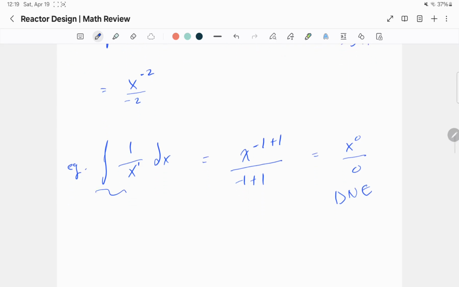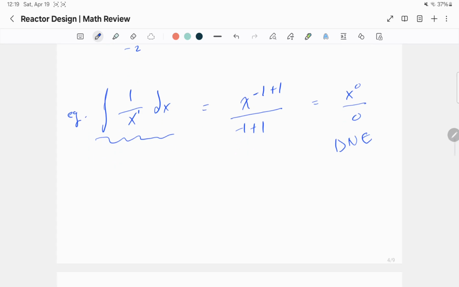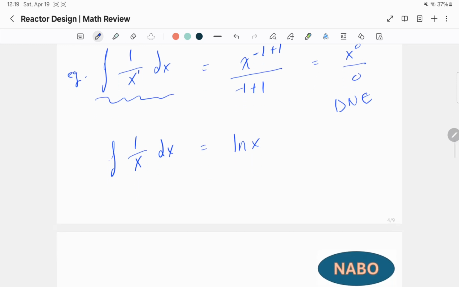So this is a special case and is solved using a different rule, which is the integration of 1 over x dx equals ln x.